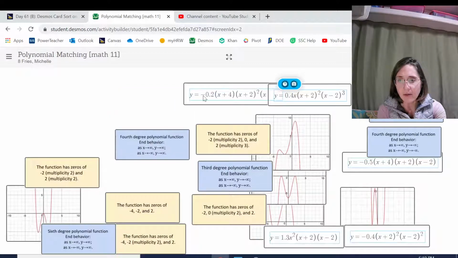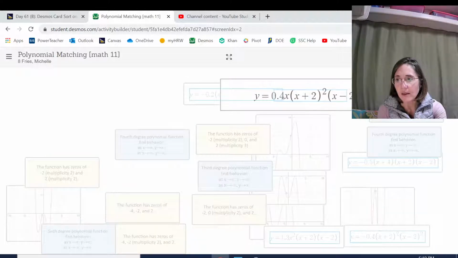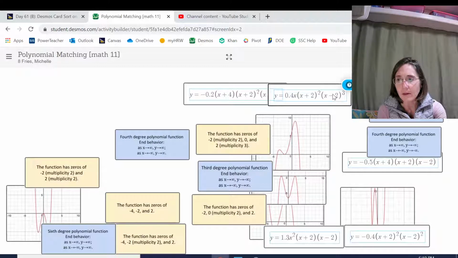You can slide them around. So what I would do is let's take your equations first and put them across the top.